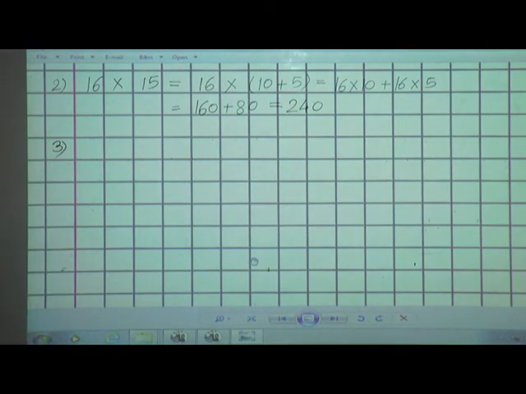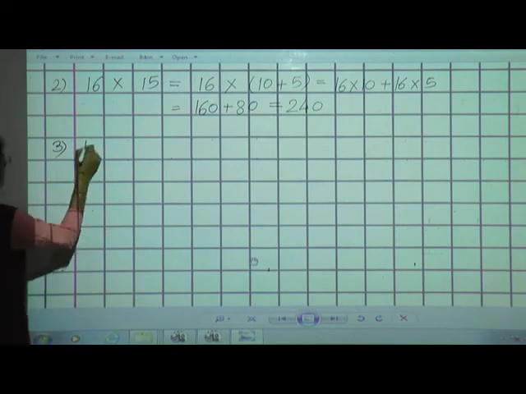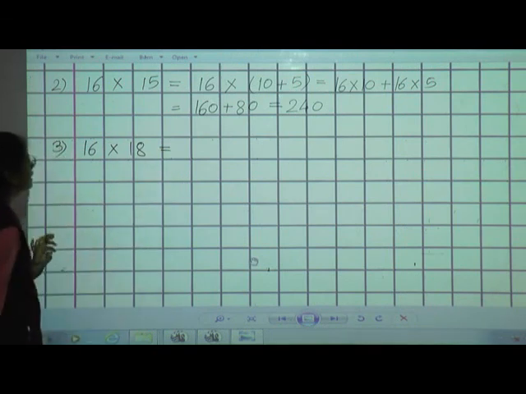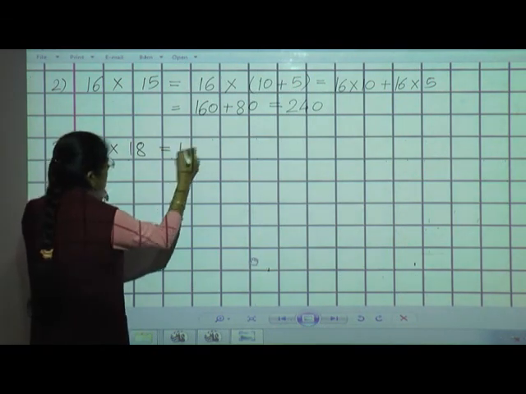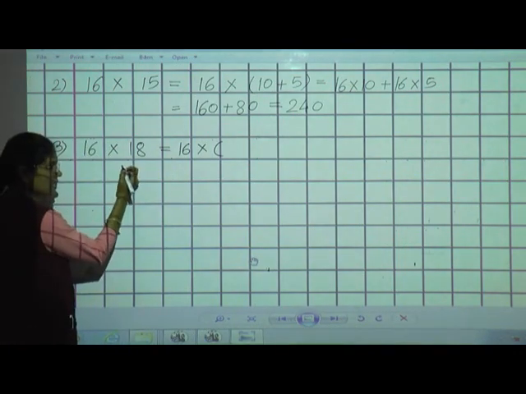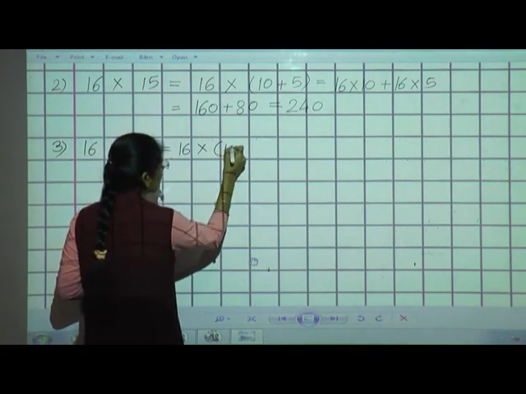Then see the third one. What is the question? Okay, it was third. 16 into 18. Again 16 will write as it is into. Now split up this 18. 18 is equal to what? 10 plus 8.